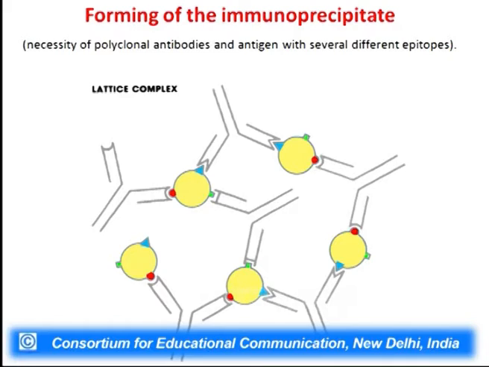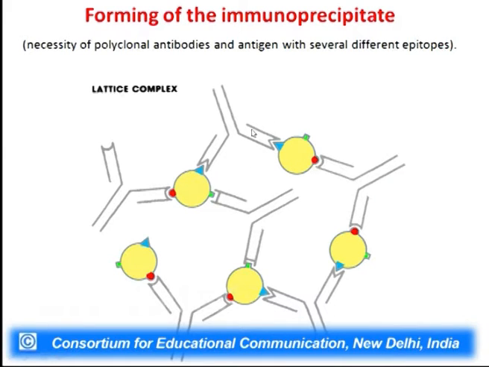So when I look at the Y-shaped antibody, what do I see? That it interacts and forms a lattice with the antigen, and this antigen has a multivalent antigenicity. That means it has multiple places at which the reaction can take place with the antibody. So it is bound to one antibody, the other antigen is bound to the other antibody, but please remember that it is the same site of recognition by the antibody.